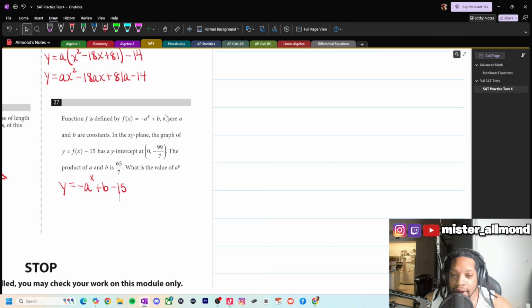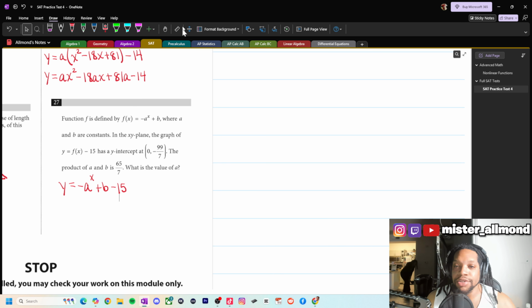The graph of y is whatever f of x is, but 15 lower. So also I know that the y-intercept is obviously whenever x is 0. So if I let x be 0, negative a to the 0 is 1 plus b plus negative 15.